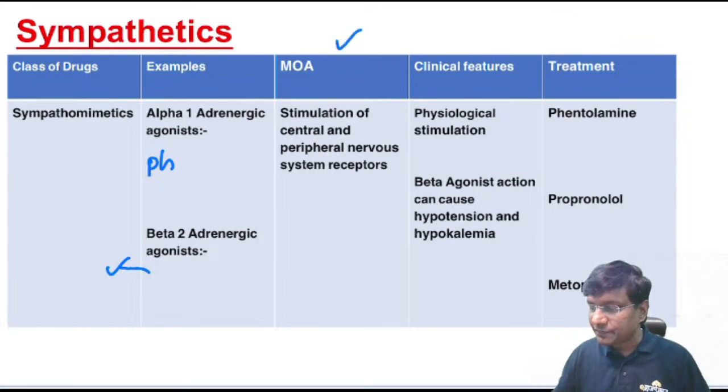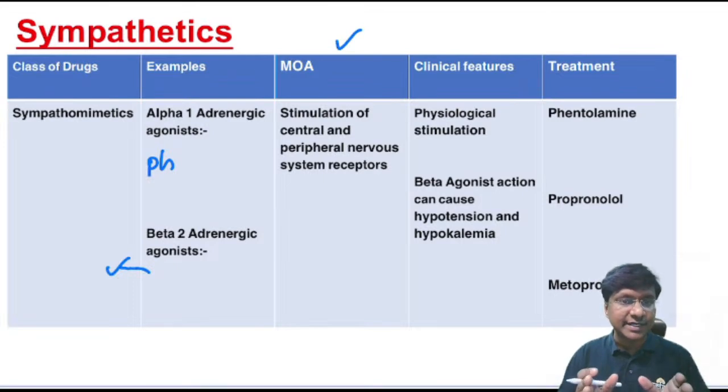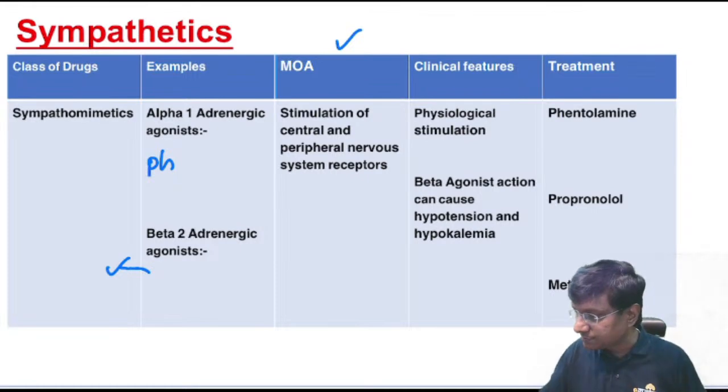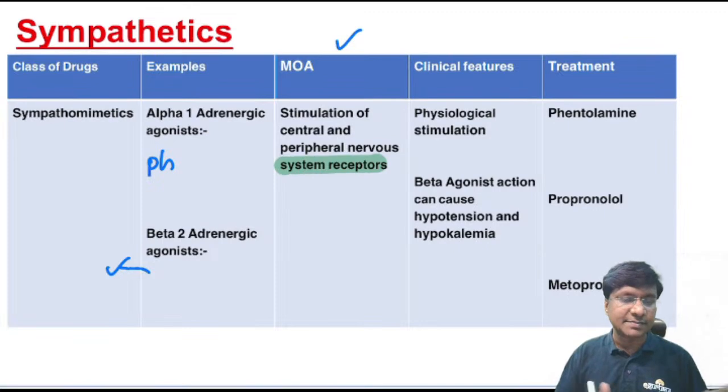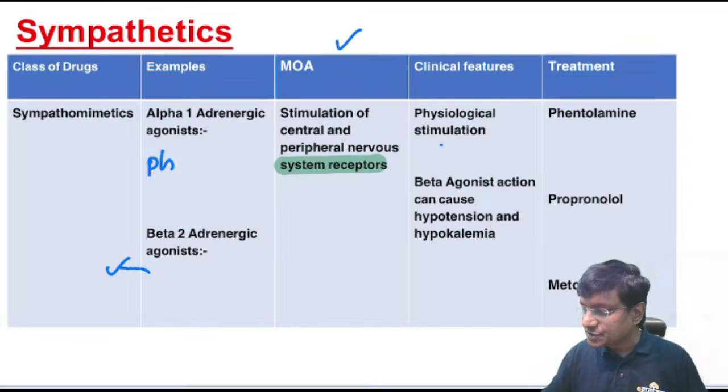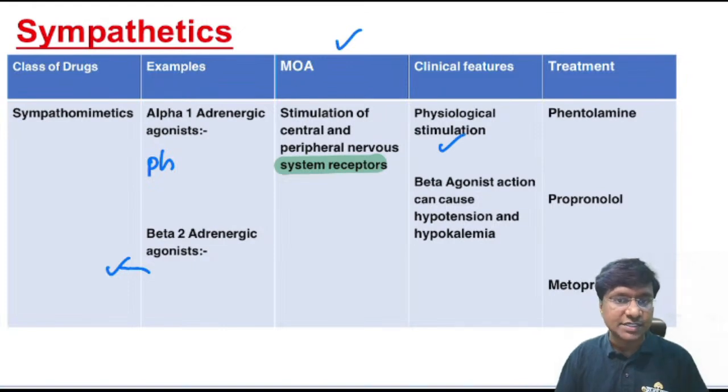Now, what is the mechanism of action of this group of drugs? They cause stimulation of the central and peripheral sympathetic receptors, right? That is, the alpha and beta receptors. Now, the clinical features will be in the form of physiological stimulation.